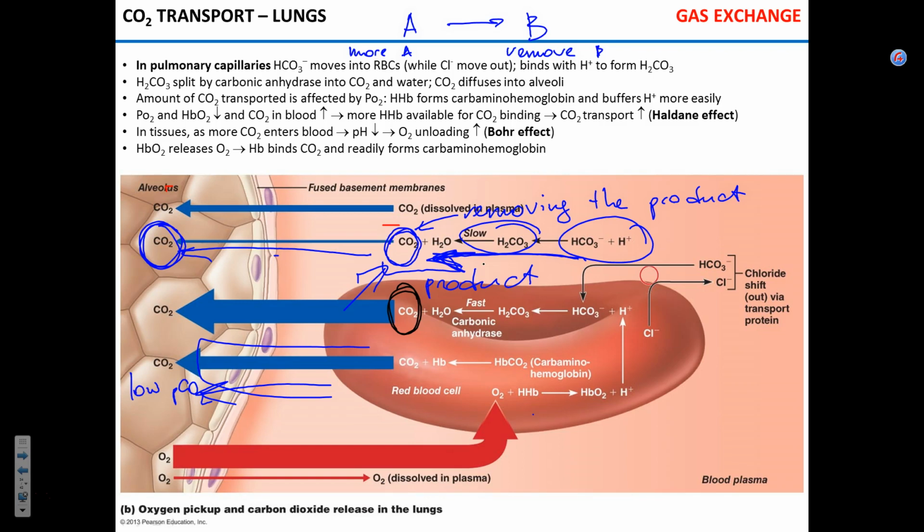Because again, the lower concentration in the alveolus compared to the red blood cell creates a gradient. It diffuses following the gradient. Does that make sense? Now, since this carbon dioxide essentially leaves the reaction, that removal of carbon dioxide from the reaction, where does it shift the equilibrium? To the left.